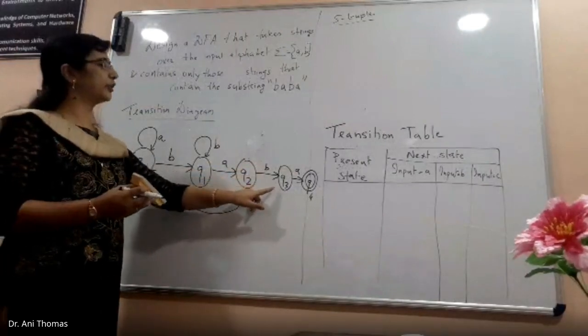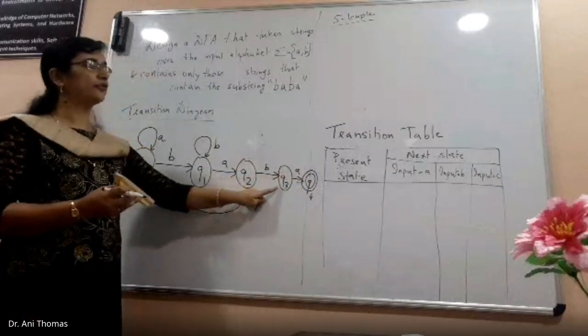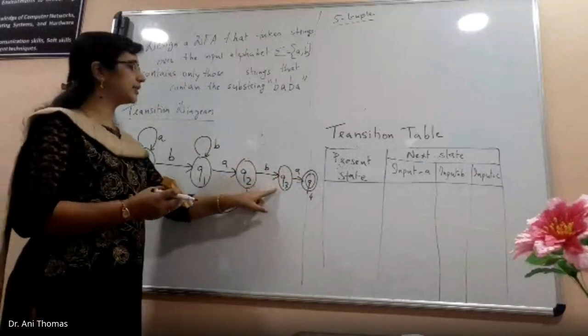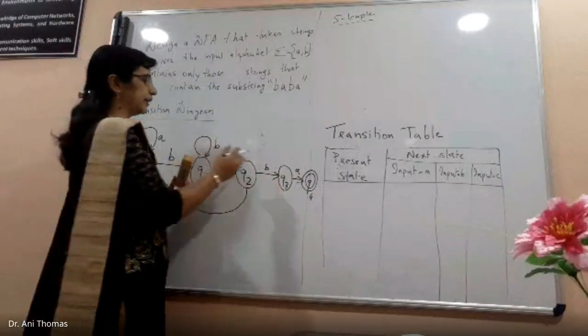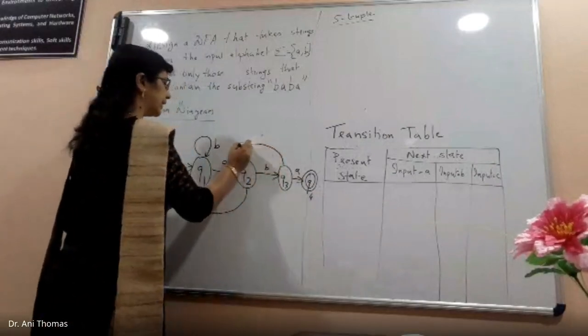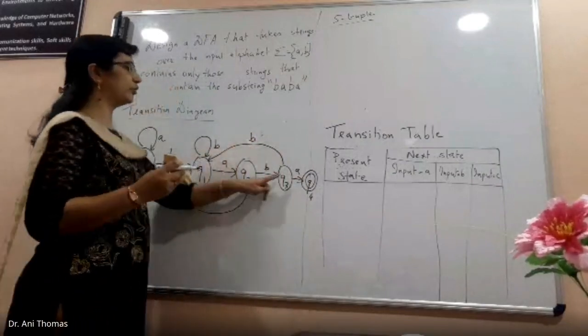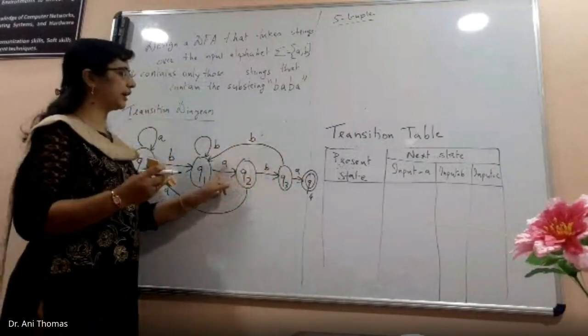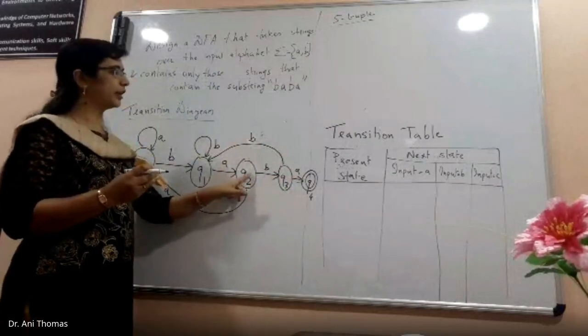Now from Q3 there is a transition to Q4. From Q3, what is the transition of B? Where can we put the B? We find that we cannot put B onto itself. What will it make? ABBA sequence it will make. We cannot put it here. What will it make?